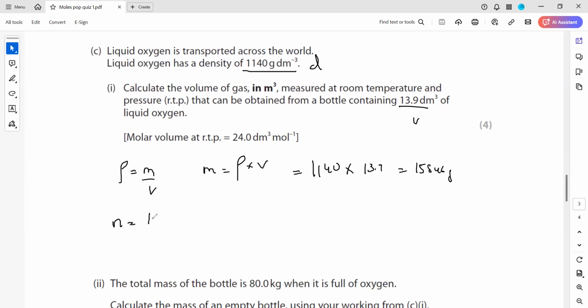Then we work out the moles. Moles equal mass in gram divided by the molar mass. So what about the molar mass? The molar mass of oxygen, as we are talking about oxygen, so this will be divided by 32.